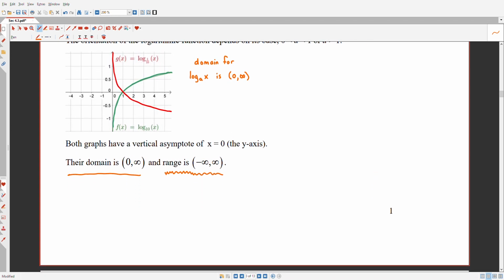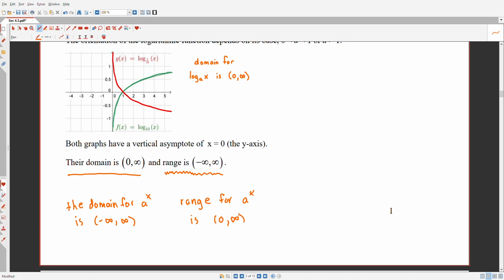So one thing you'll note here is this is switched, right? The domain for the inverse function is negative infinity to infinity, and the range for the inverse, so for the exponential a to the x, is 0 to infinity.